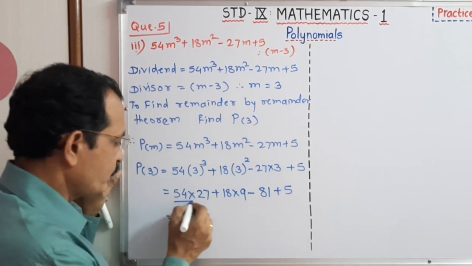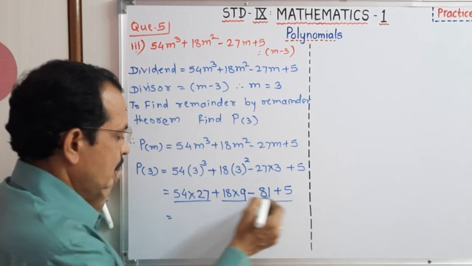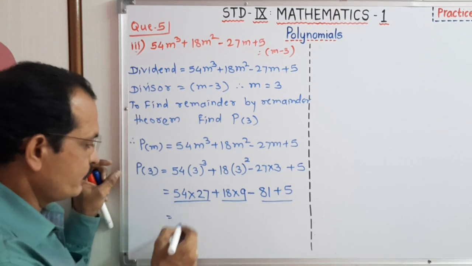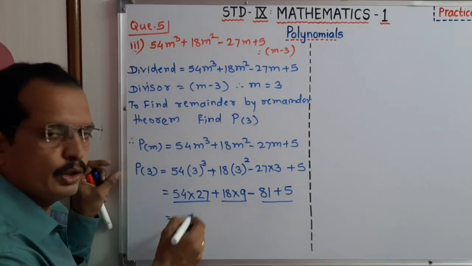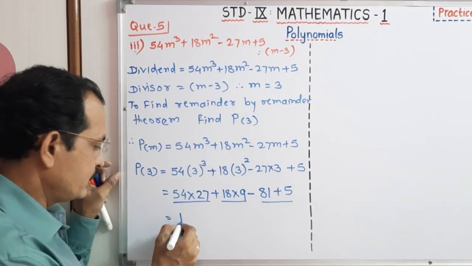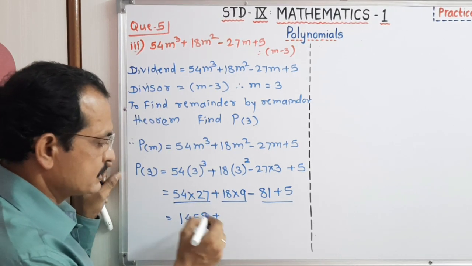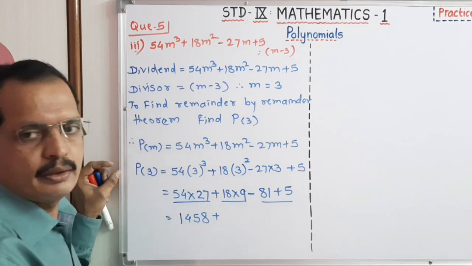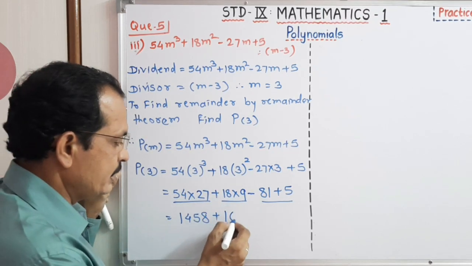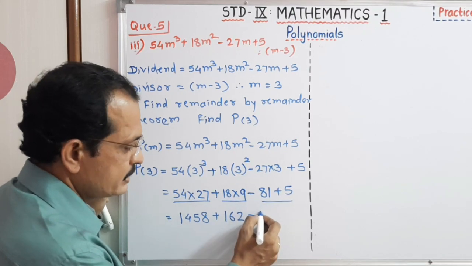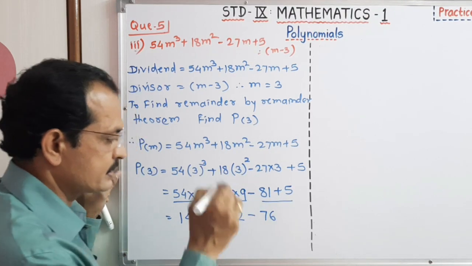Dear student, we have to do the multiplication. If we do 54 into 27, then it is 1458, plus 18 into 9, 18 nines are 162, minus 81 plus 5, it is 76.